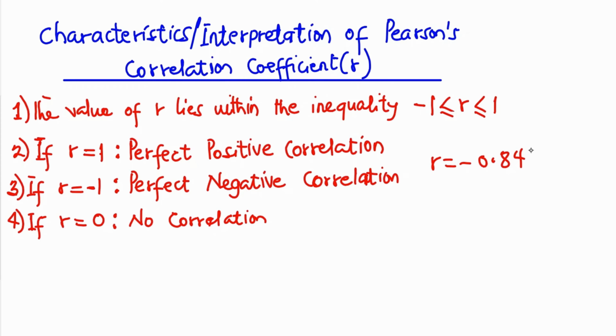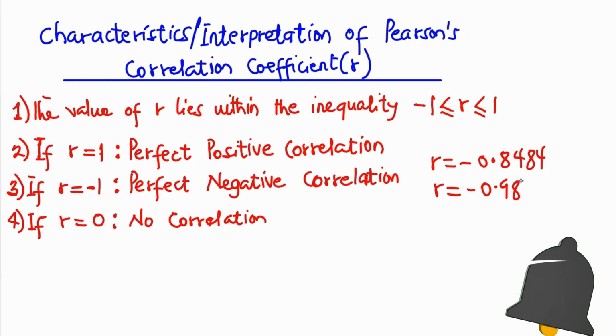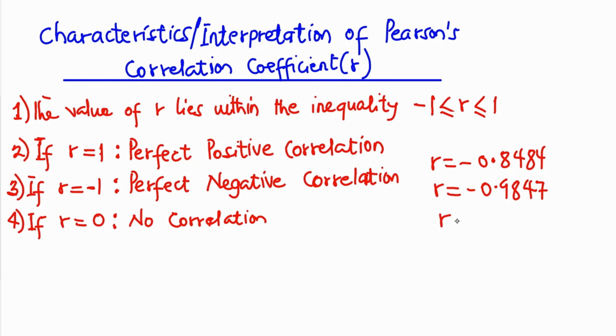So R equal to -0.8484 is getting closer to -1, and so we can term it a perfect negative correlation. And if it is exactly -1, it is also a perfect negative correlation.